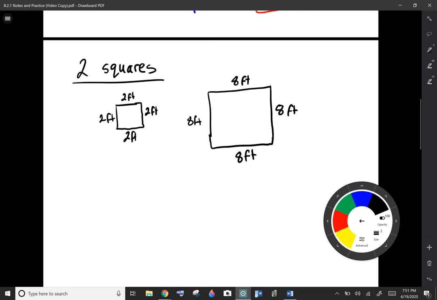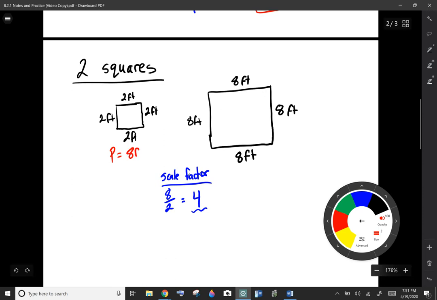If you look at it, when we think about the scale factor, we know that our scale factor here is going to be 8 over 2, which means that the larger square is 4 times as big. So when we think about perimeter and area, the perimeter of this square is going to be 8 feet.